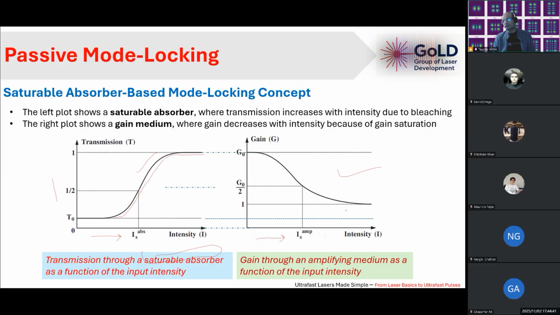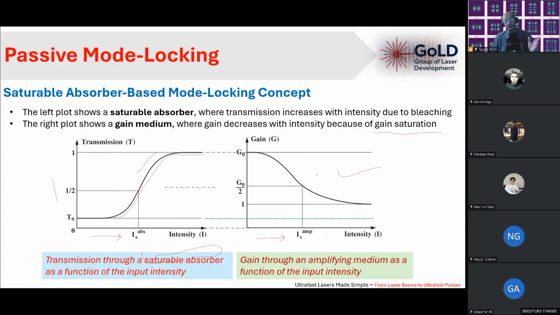Gain saturation. It needs pumping. Continuous pumping is necessary. So what the left plot is showing is the saturable absorber, intensity versus transmission.